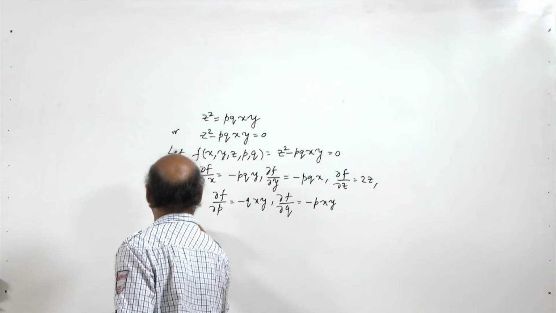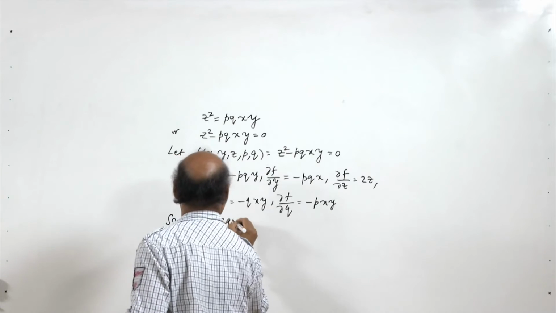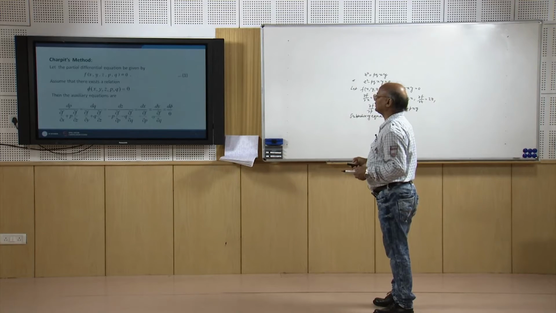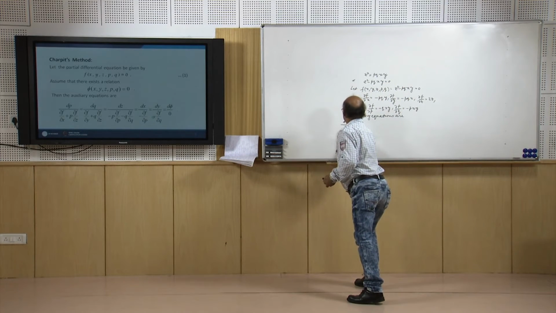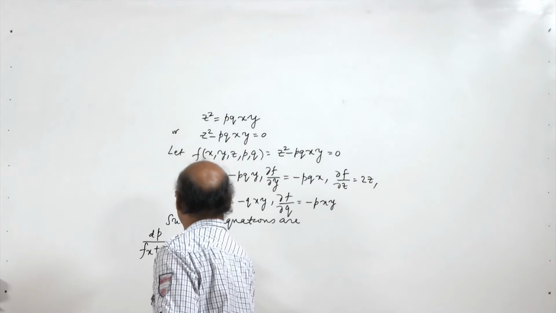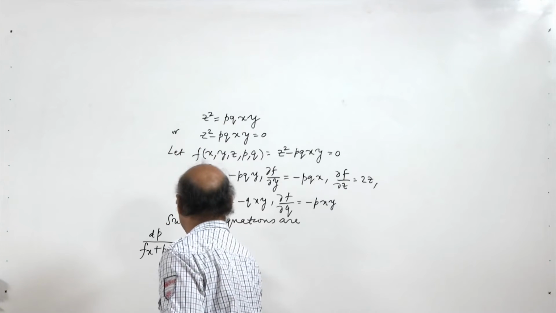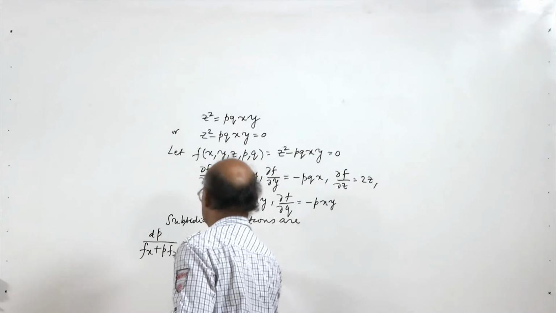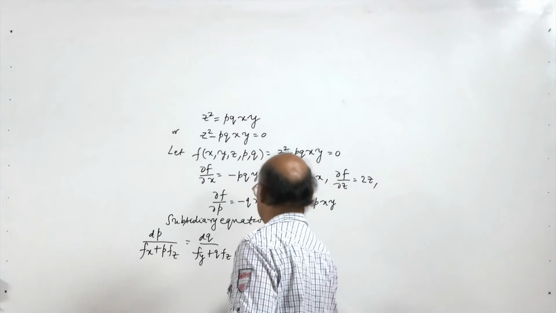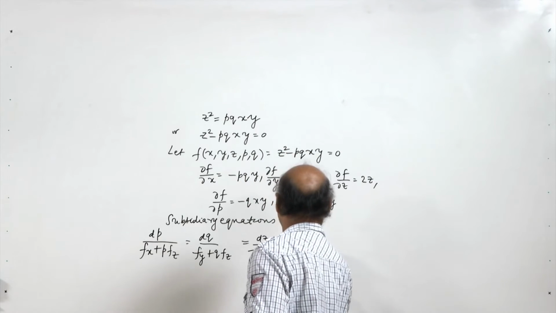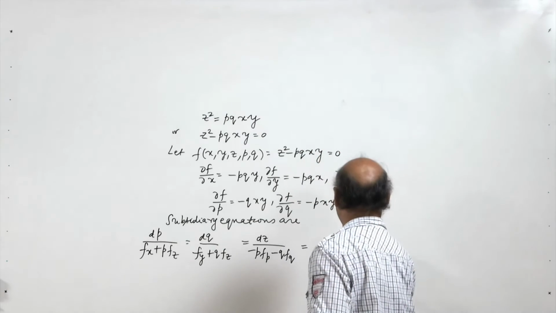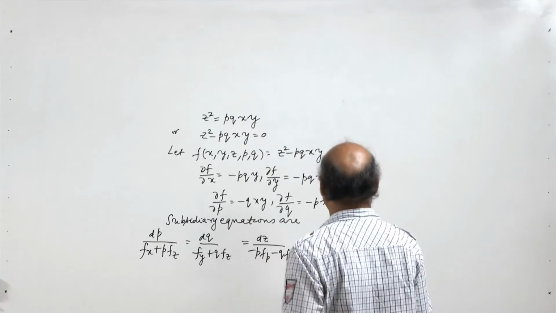The subsidiary equations are: dp over (fx plus p fz), dq over (fy plus q fz), dz over (minus p fp minus q fq), dx over minus fp, equal to dy over minus fq, and which is equal to of course d phi over 0.